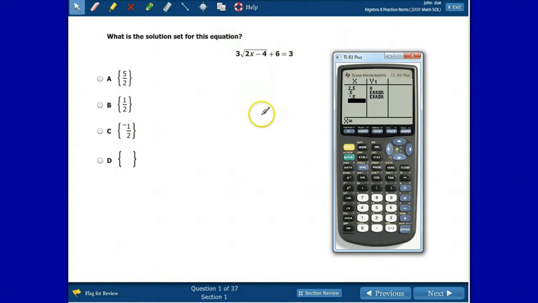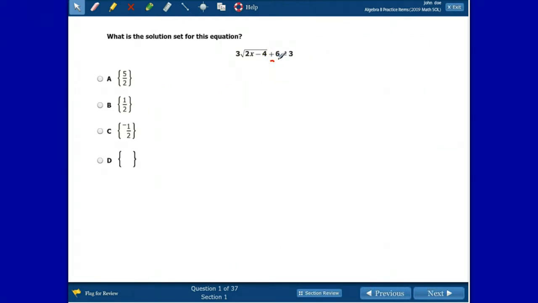If you were going to solve it the old way, I mean the real way, you subtract the 6. Whoops, that's kind of ugly, but you have this left over. Okay, so we have -3.